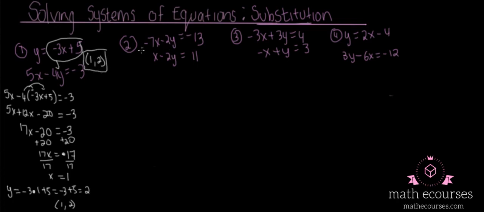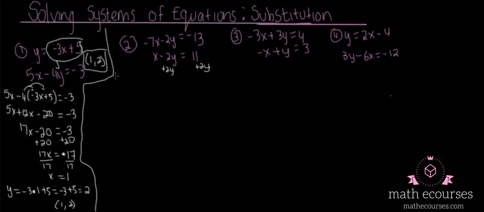For my second equation, I don't have y by itself or x, so I need to isolate one. It's always easier to isolate the one that doesn't have a coefficient or number in front of it. So in this second equation, let's bring 2y to the other side by adding 2y. Let me draw a line here to separate this first problem.